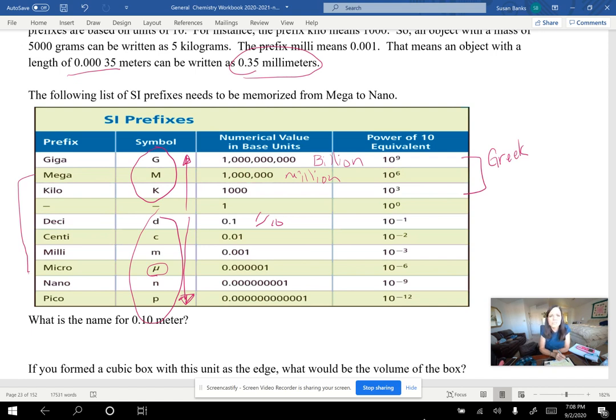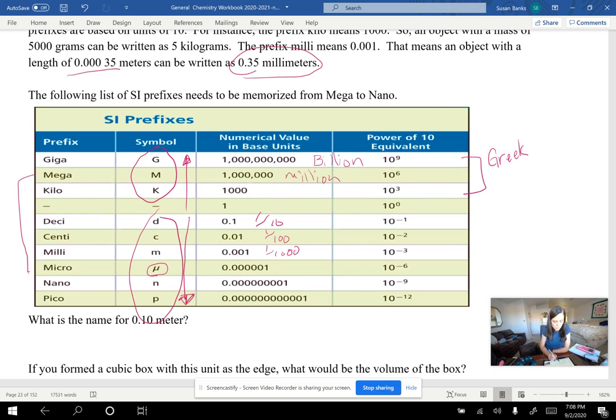What is a century? A century is 100 years. So centi is 1/100th, or 10 to the negative 2. Milli, a millennium is 1,000 years. So milli is 1 out of 1,000, or 10 to the negative 3.